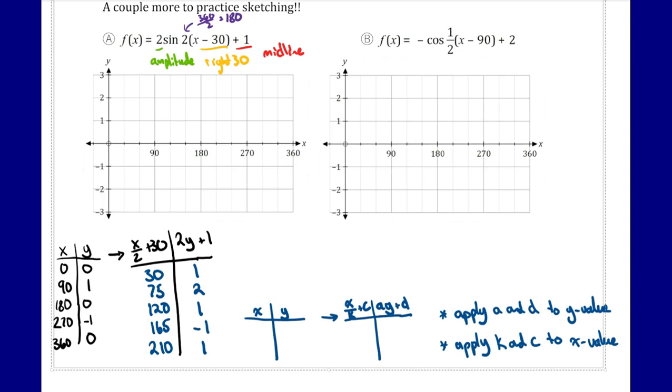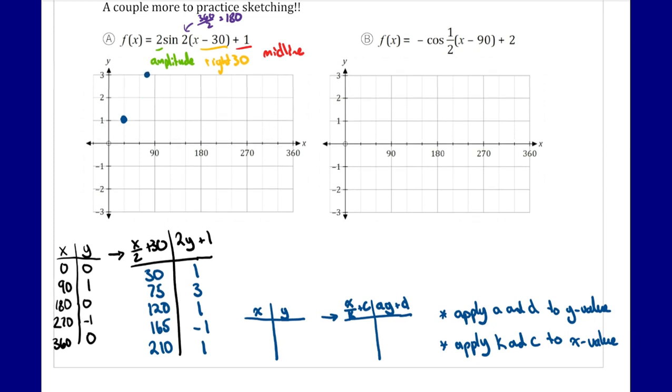So let's plot them. 30 and 1, 75 and 2. I think I made a mistake. Oh, not 2, this should be 3, sorry, because 1 times 2 is 2, plus 1 is 3. I knew something seemed off.